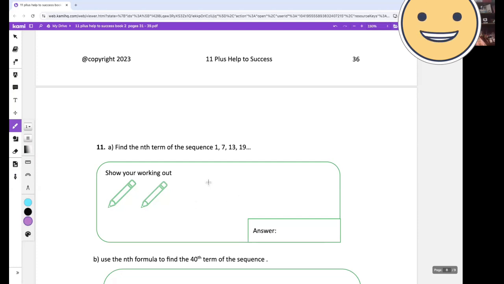Try unmuting from your side. What's 11A? 6n minus 5. Good. Do you want to give the B part also?